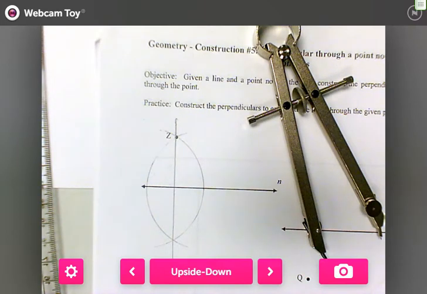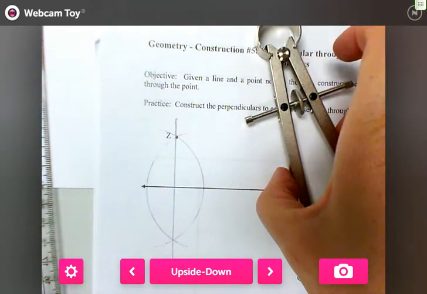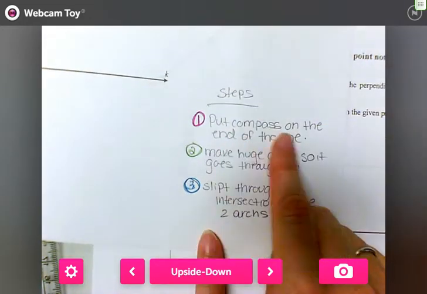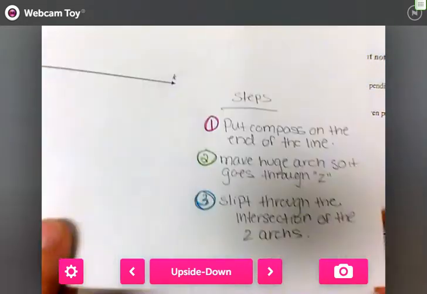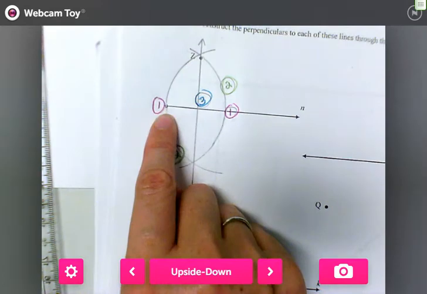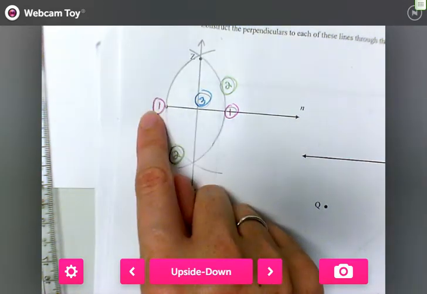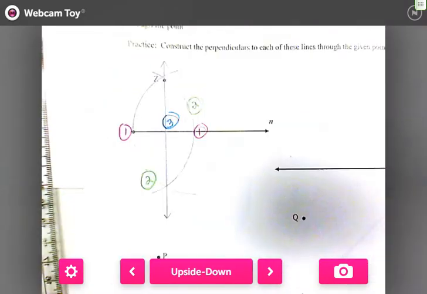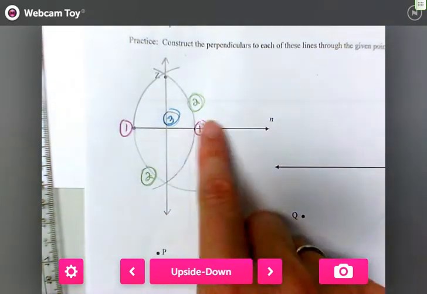Okay. I've got somebody who's made it pretty and color-coded. Okay, so look at these steps. Put compass on the end of the line. She's got where number 1 works. Make huge arcs so it goes through Z. She's got 2 labeled up here.